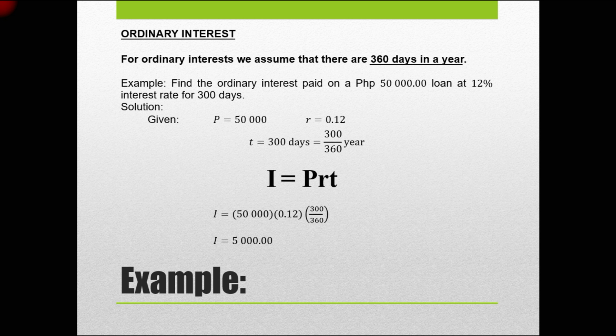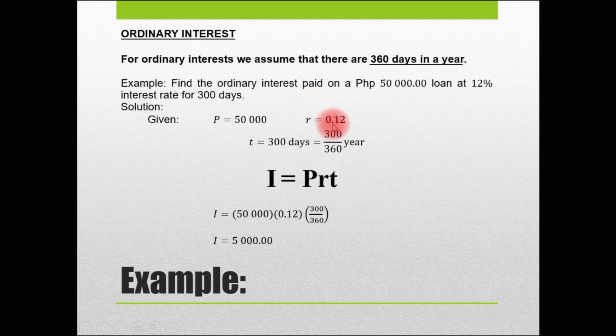For solution, ang unang kailangan gawin natin is to find the givens. For the first one, we have principal or P. P is equal to the 50,000 pesos. And yung R natin or rate is 12%. Nakalagay dyan sa problem, 12% interest rate. So, ang rate natin ay 12% or 0.12.